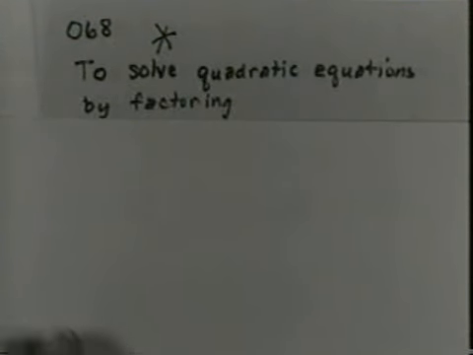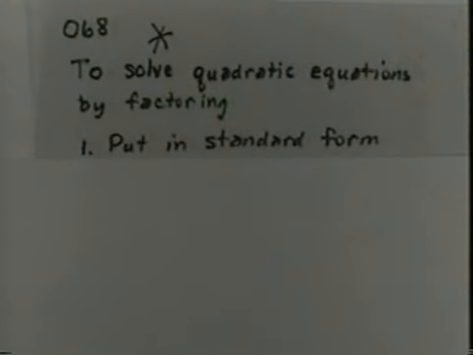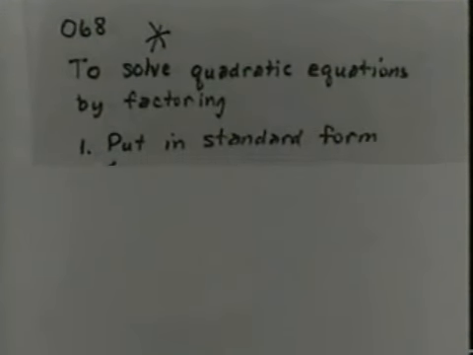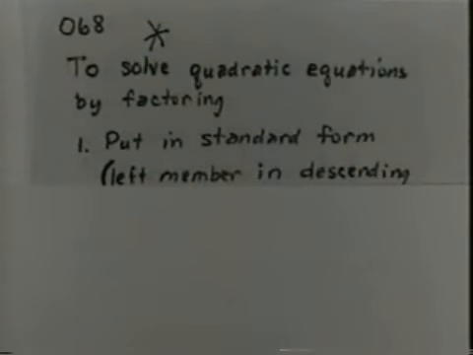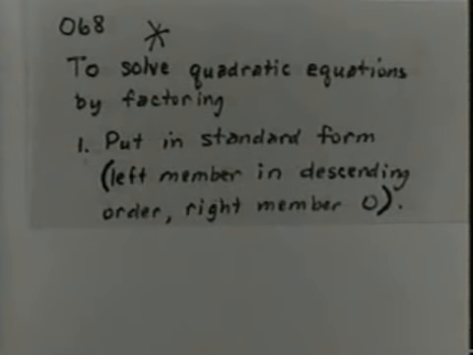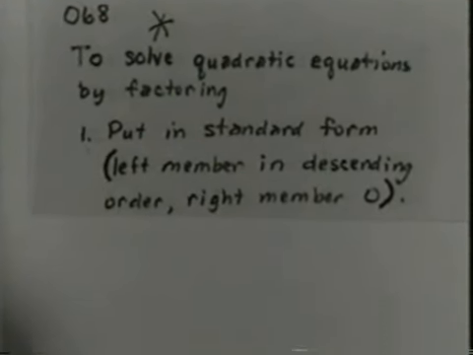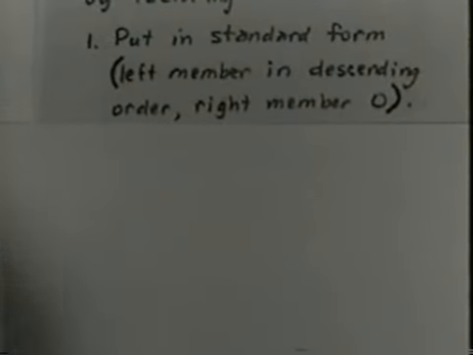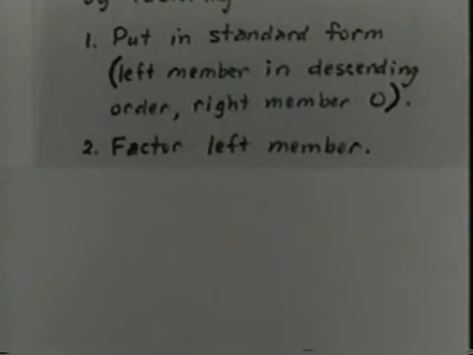To solve quadratic equations by factoring, step 1 is put in standard form. Standard form means the left member is in descending order and the right member is 0. Step 2, factor the left member.